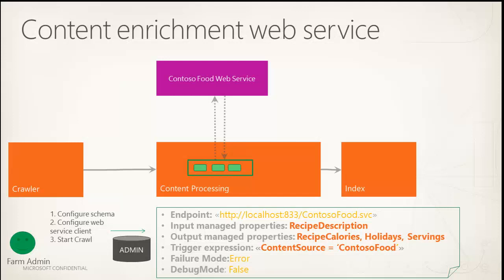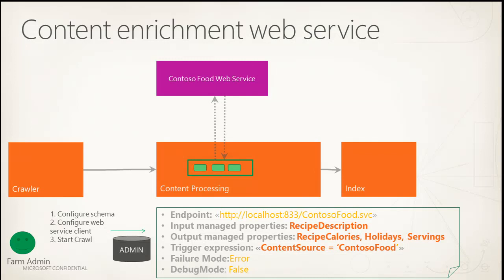But it basically has logical operators like and, or and not, and it also has a number of functions. So you can do string matching, like check that a managed property starts with a particular string. You can do some regular expression matching. You can look at dates. You can add up number of properties. So you can be quite creative with the triggers.